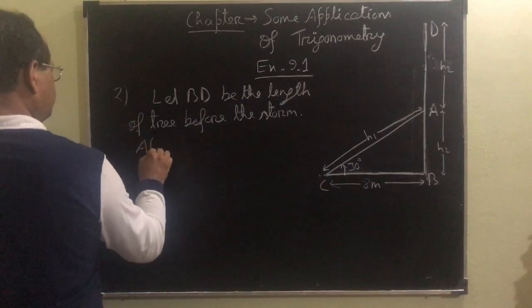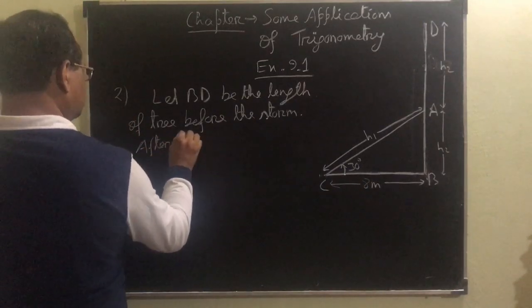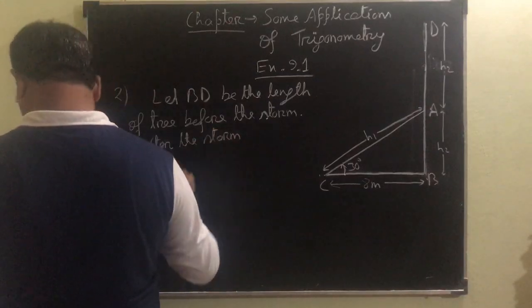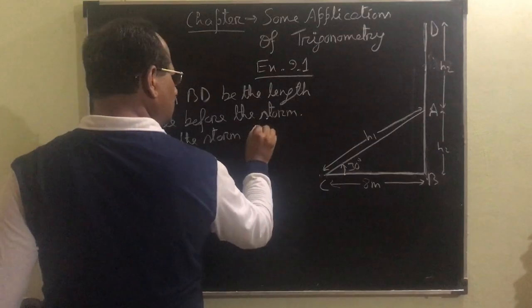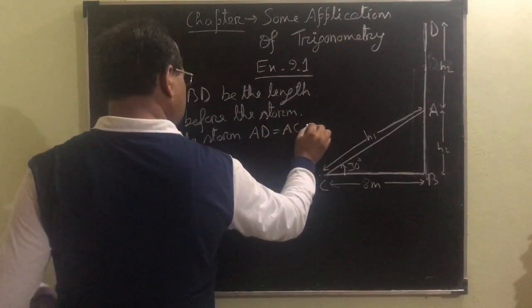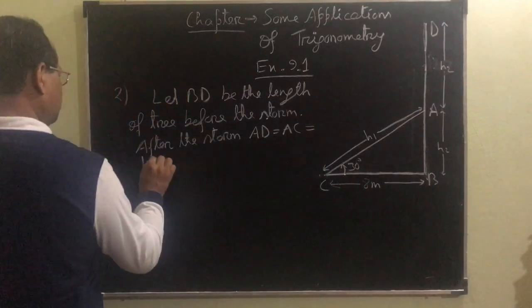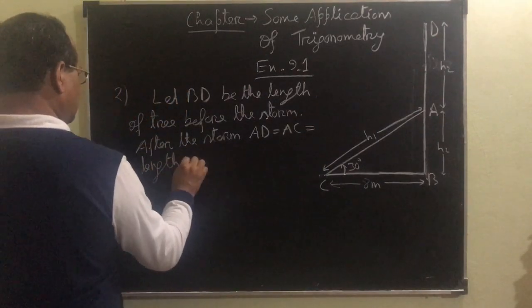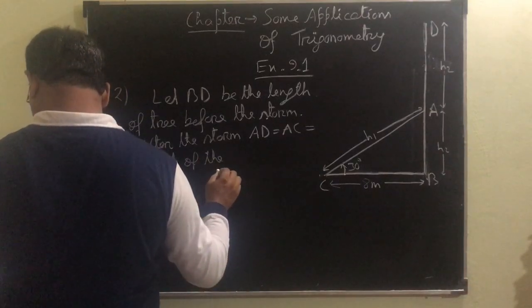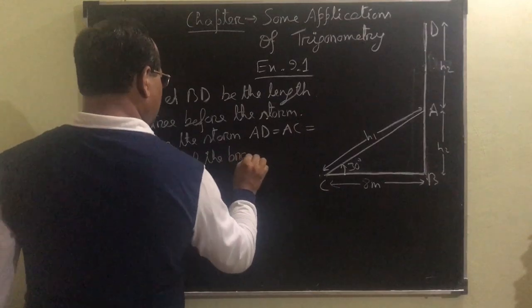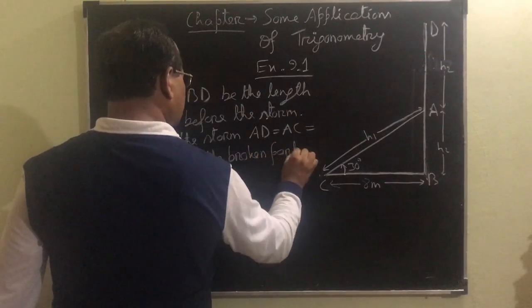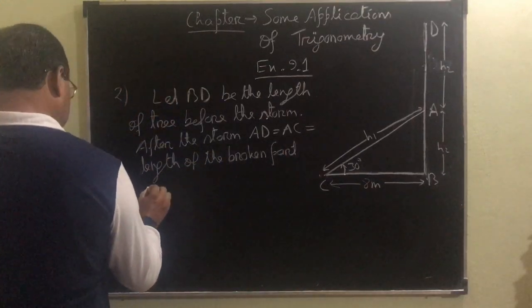After the storm, AD equal to AC equal to the length of the broken part of the tree.